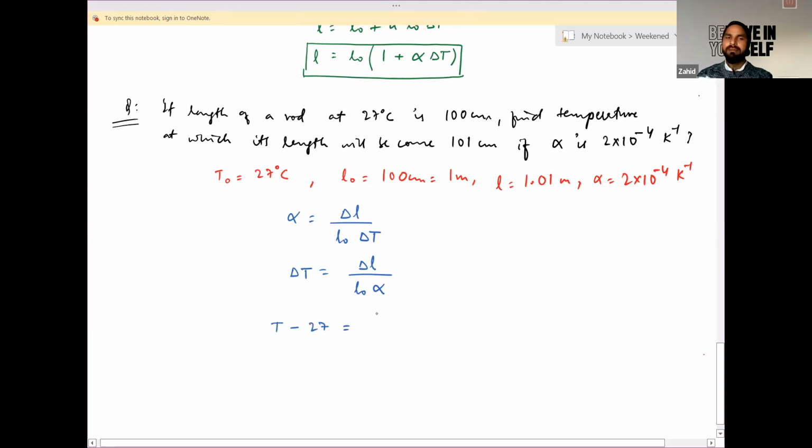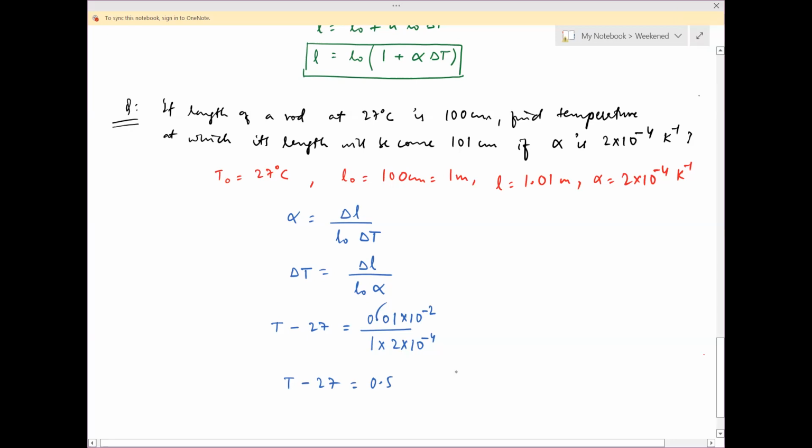Delta L is L minus L naught, so it will be 0.01 divided by L naught, which is 1. Alpha is 2 into 10 to the power minus 4. We can write, by removing this decimal, 10 to the power minus 2. So T minus 27 equals 1 upon 2, so it will be 0.5, with this 10 to the power minus 2 moving to the numerator.